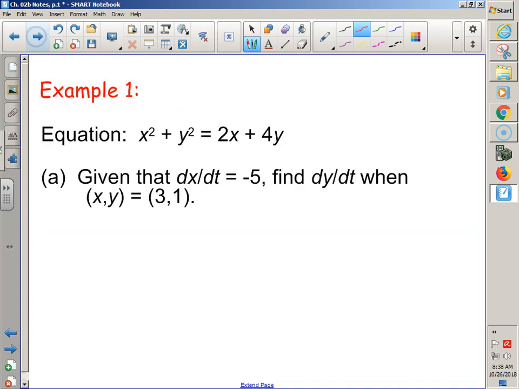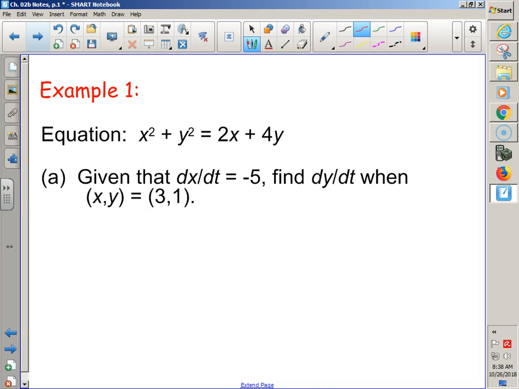Okay, don't be scared. Oh, there's not even any words. We got this, don't we? It's just an implicit differentiation. Check it out. dx dt equals -5. Find dy dt. What? There aren't any dx dt's or dy dt's yet. What can you guys do with any equation? Derive it.